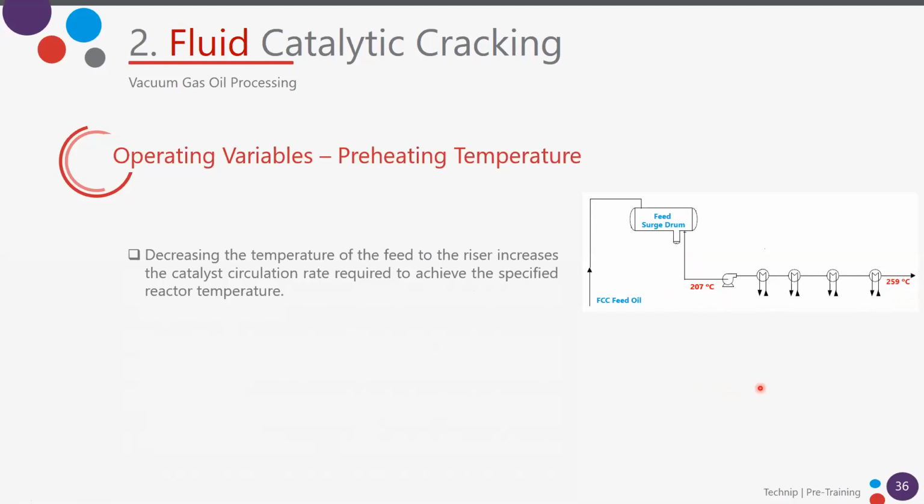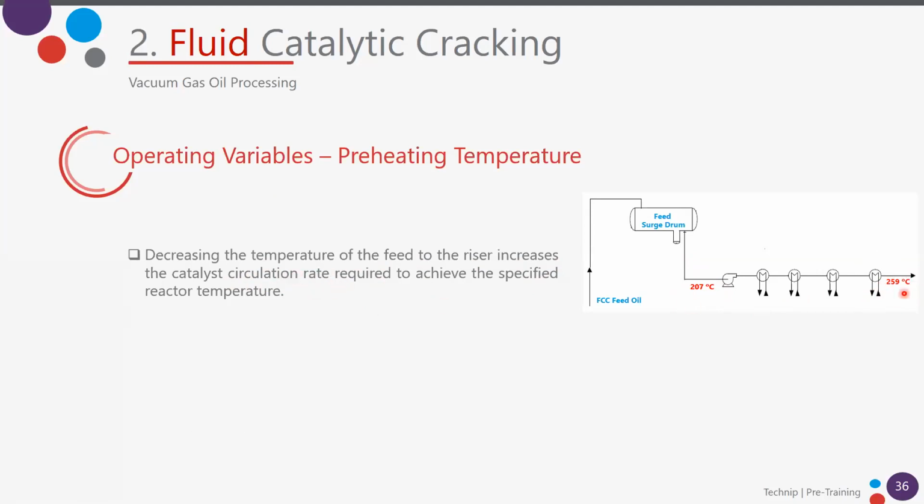If we decrease this temperature, okay, because here we have a temperature control where we can bypass some of the feed, so we can decrease this temperature, we will have to increase the catalyst circulation, okay?